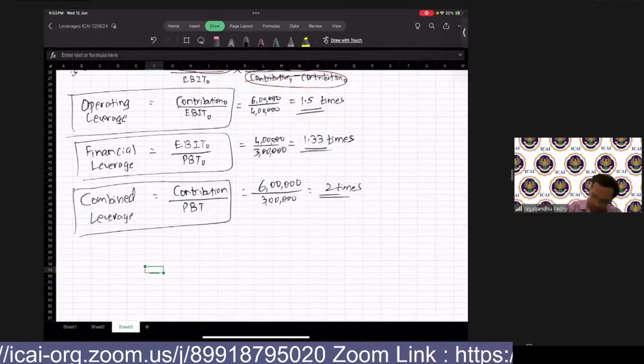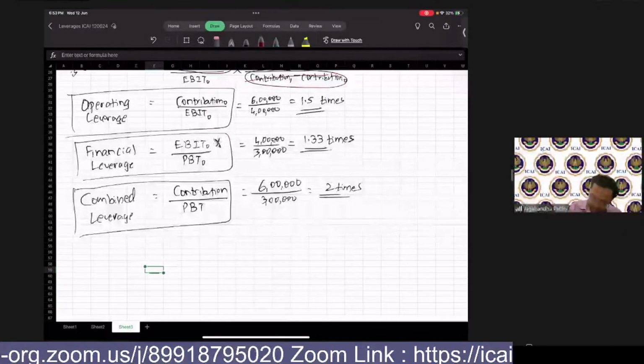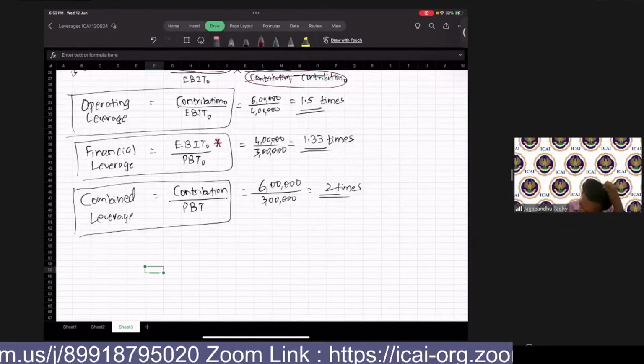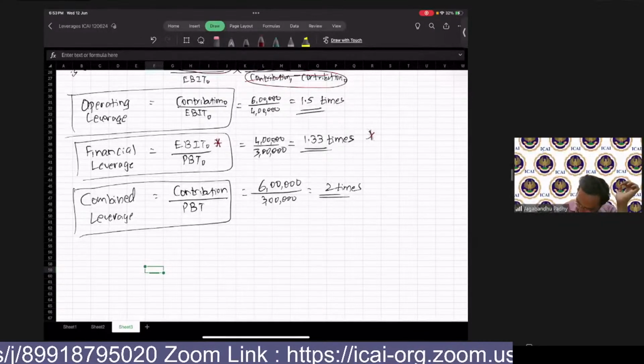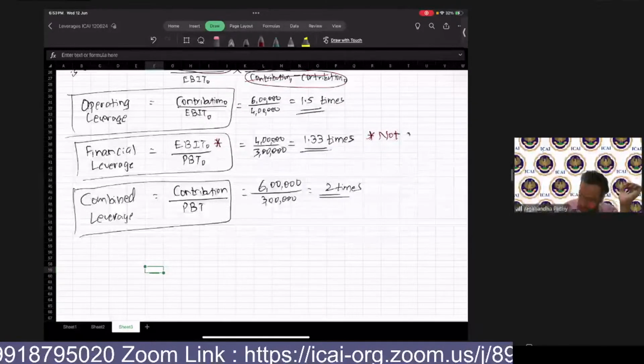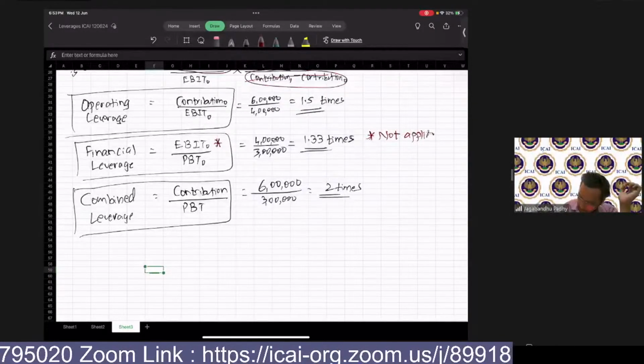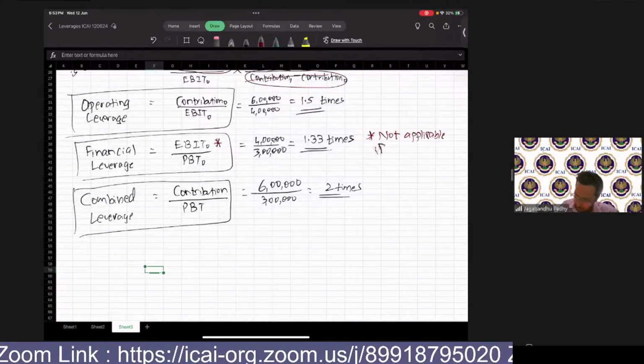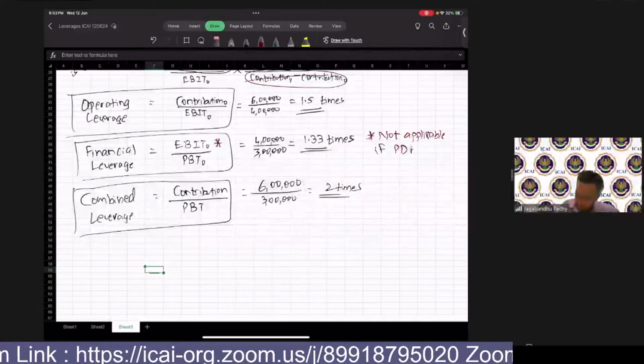But I would like you to remember that the financial leverage formula is supposed to be used with caution. Why caution? Because it is not applicable if preference dividend is paid.